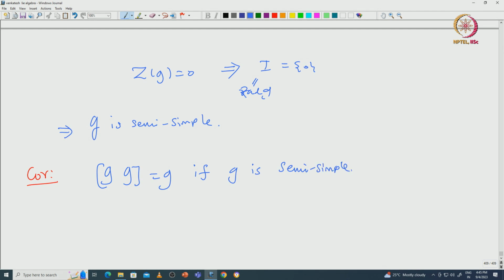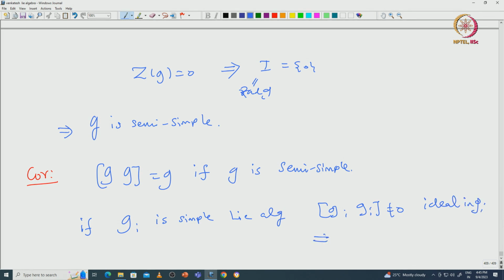Why? Because we know this is true for simple ideals. If Gi is a simple Lie algebra, then we know that the bracket of Gi with Gi is non-zero and it is an ideal inside Gi. So, that says the bracket of Gi with Gi must be equal to Gi.